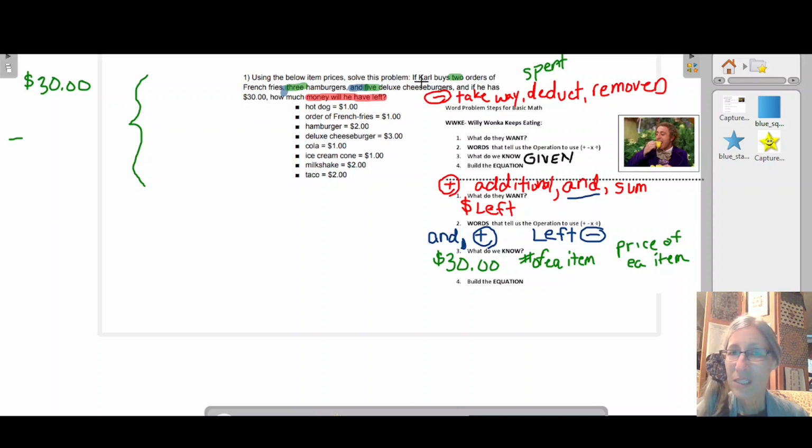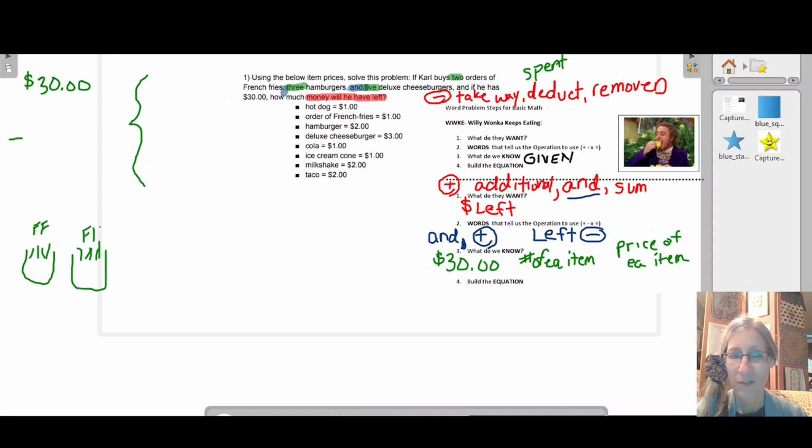So I'll read the second sentence here. If Carl buys 2 orders of French fries, okay, so I'm going to come over here and draw French fries, 2 of them. There's French fries. And here's one order of French fry.